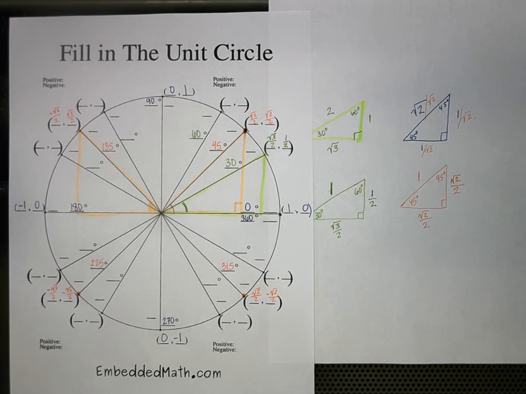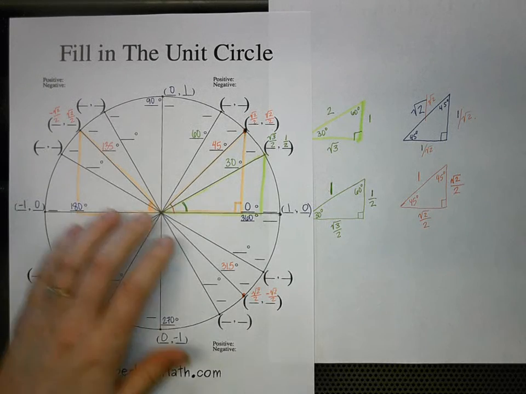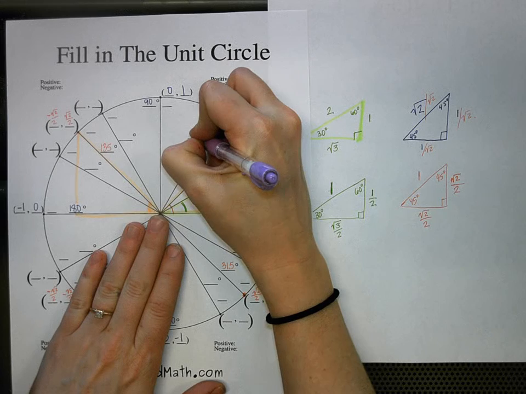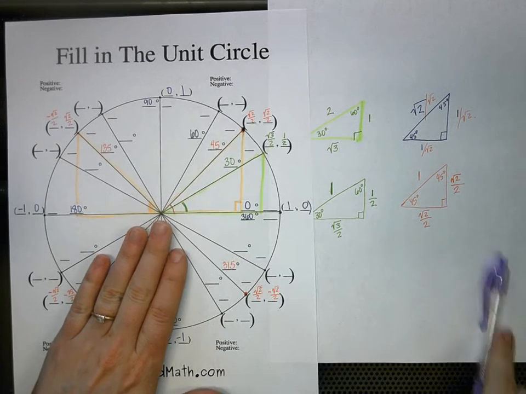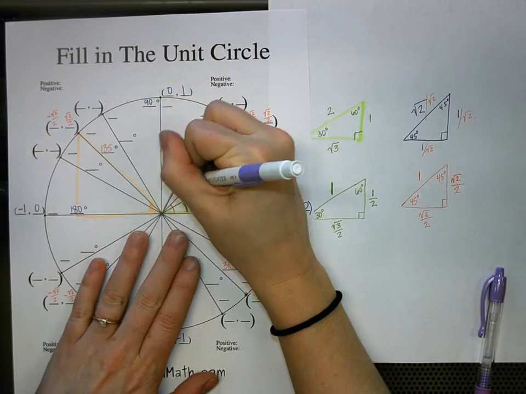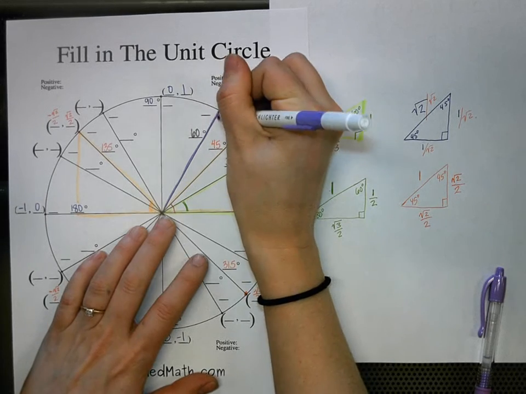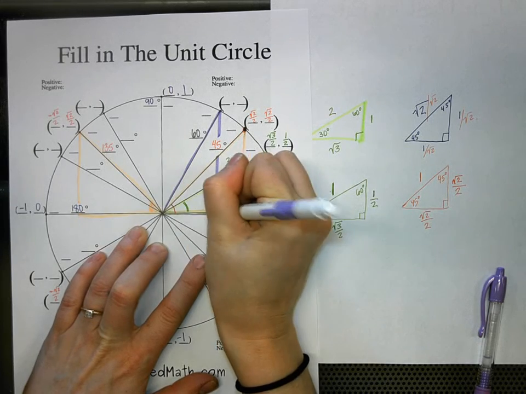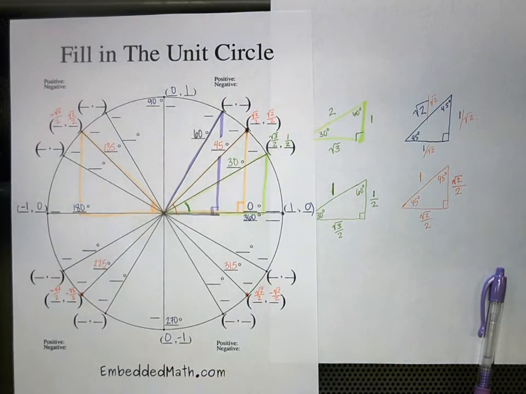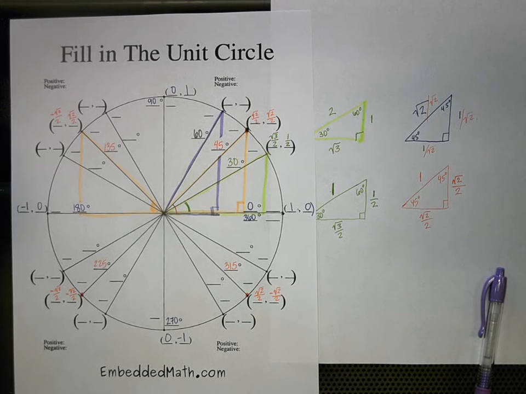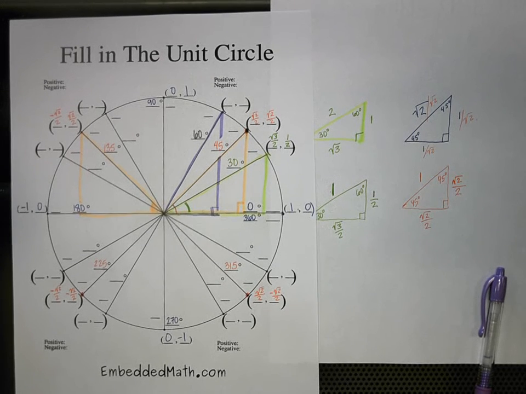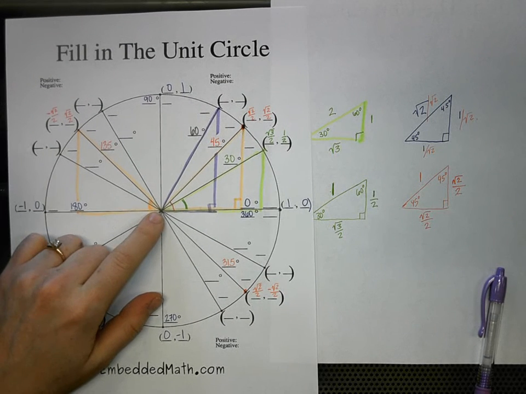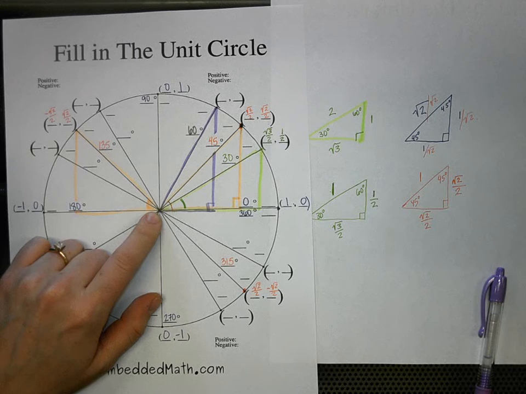Okay, we're going to do the 60-degree angle at the same time. Here's our 60-degree triangle. So now the side lengths of my 30, 60, 90 triangle have swapped.